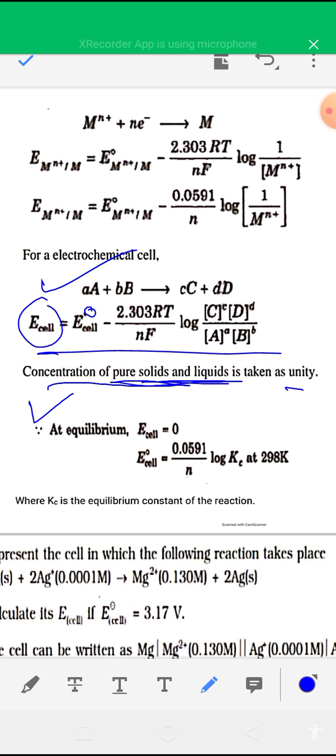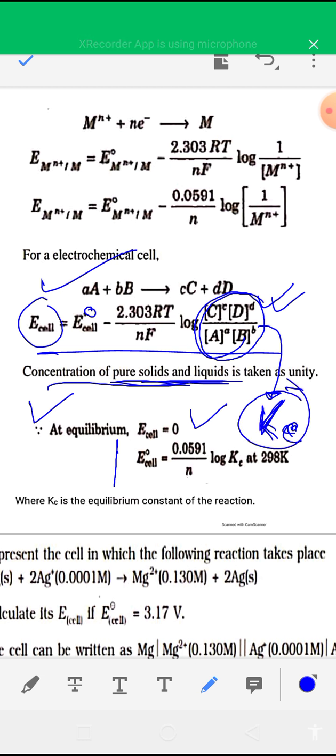So at equilibrium you can write E cell is equal to 0, so E0 cell is equal to 2.303 RT by nF log concentration of product by concentration of reactant, and this is actually the equilibrium constant Kc. At equilibrium, this ratio of concentration of product by concentration of reactant is known as the equilibrium constant.